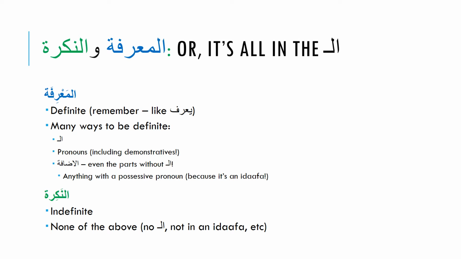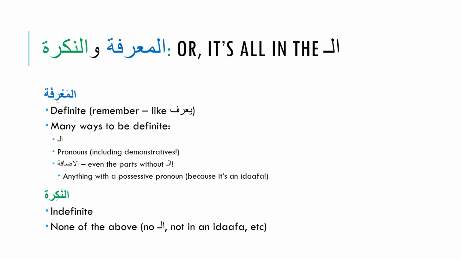And then an idafa, the whole idafa is definite, even the parts without the alif lam, right? The last part of the idafa is definite and it makes the rest of it definite, which causes us to end up in sort of a weird recursive cycle where parts are indefinite but then the whole is definite. We'll worry about that more as we move along.